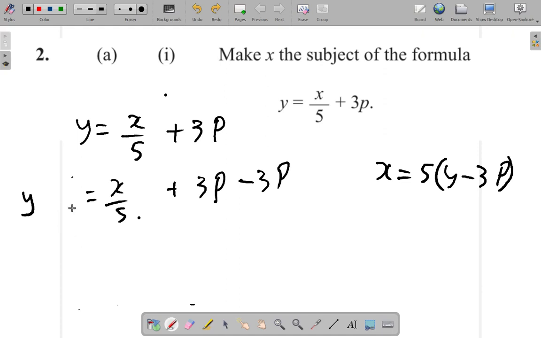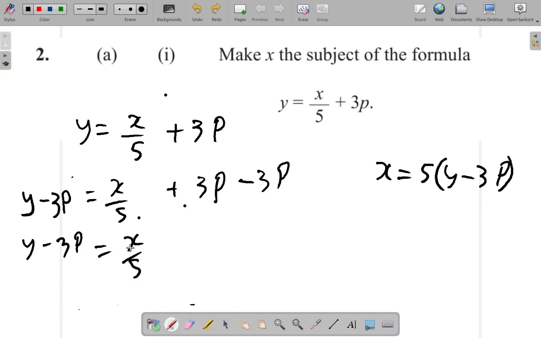So whatever I subtract from the right, I must go over to the left and subtract the same thing to maintain balance. So to restore this balance, I also subtract 3p from the left. So 3p minus 3p, there is no more 3p to worry about on the right. So I have y minus 3p equals x over 5.